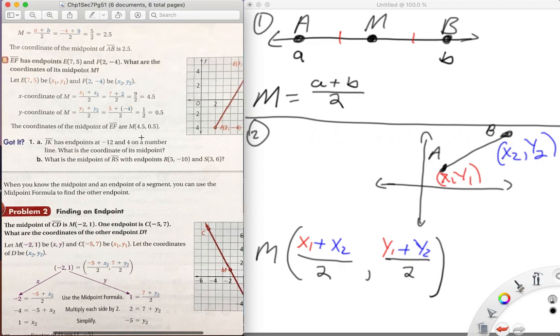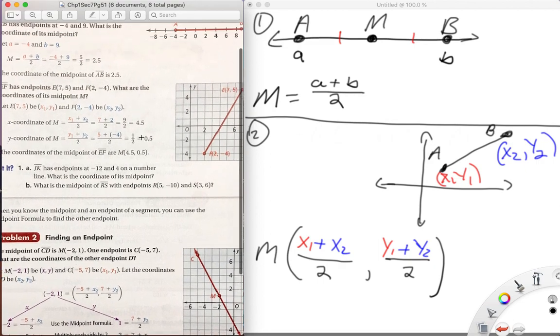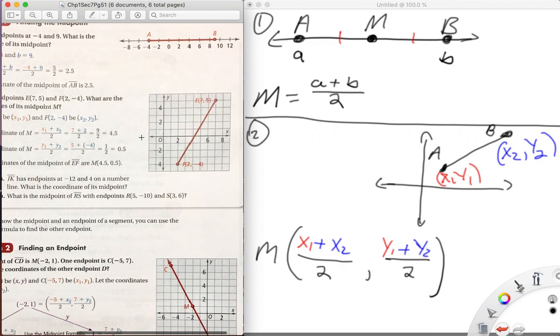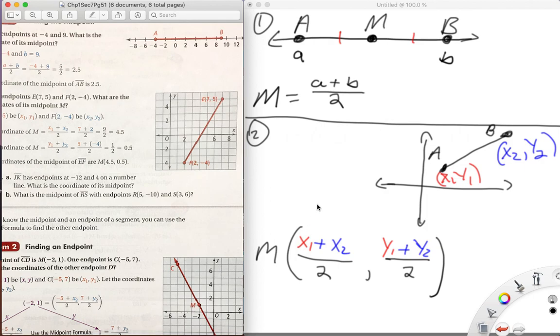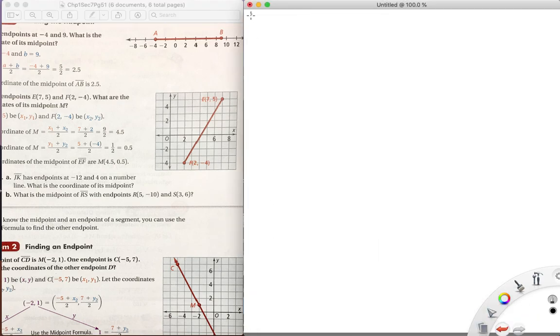So let's do an example of this. We have 1a. They say, okay, we have a number line from -12 to +4. What's the midpoint?